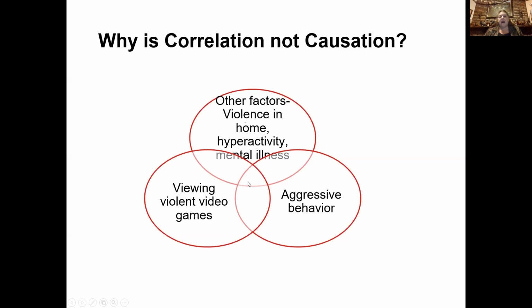If we wanted to weed out a cause and effect relationship, we would have to set up an experiment where we'd have a group watch violent video games, a group watch video games that are very similar but not violent, and then we would have to measure aggressive behavior in both groups. And that research, of course, has been done as well. And then we could say that something is causing something else.